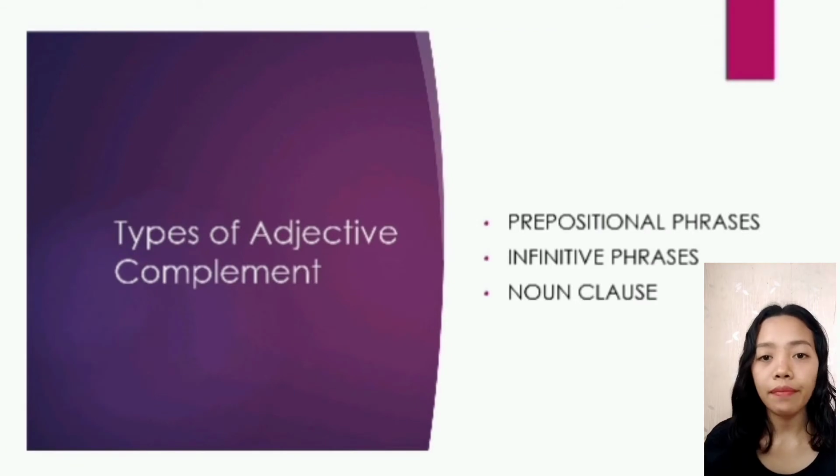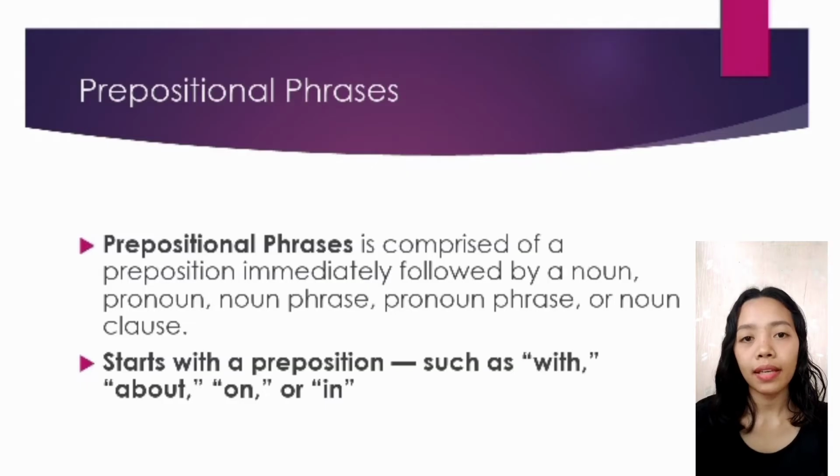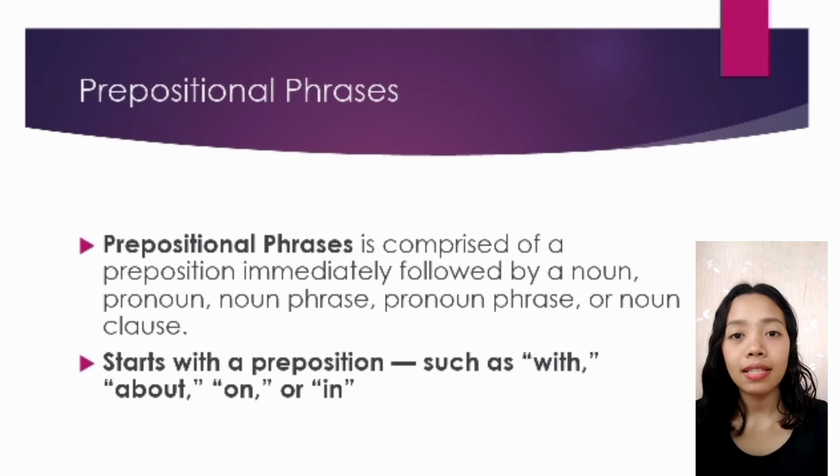There are three types of adjective complement clause, namely the prepositional phrases, the infinitive phrases, and the last one is the noun clause. So what is a prepositional phrase acting as an adjective complement?